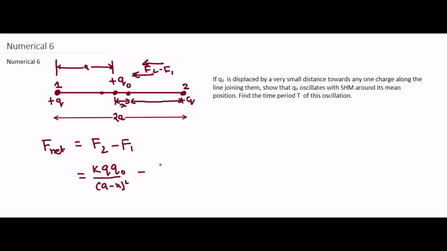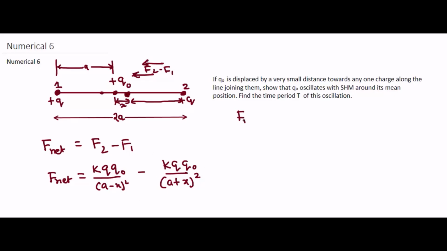The force applied by F1 will be K Q Q0 divided by the distance, which as you can see will be a plus x, so (a plus x) whole square. This force F net is acting from right to left when the charge is in this position. Let us now calculate this F net.